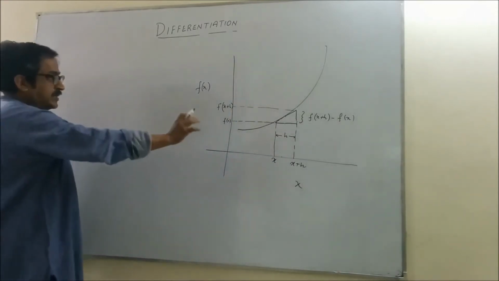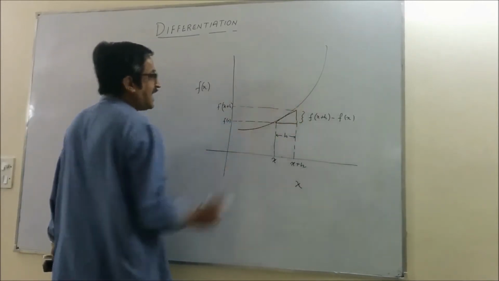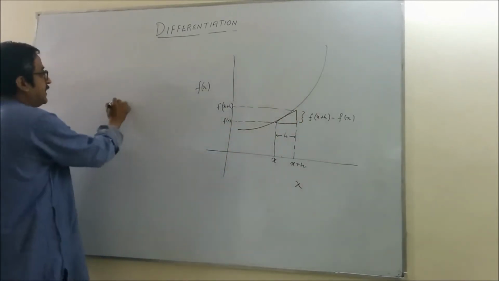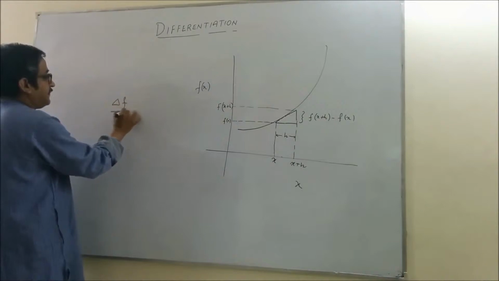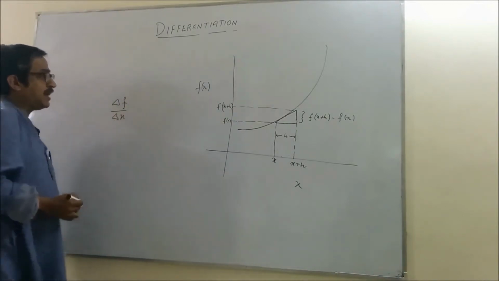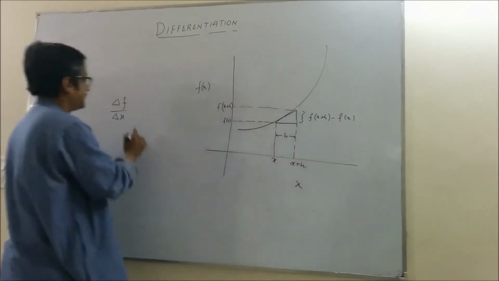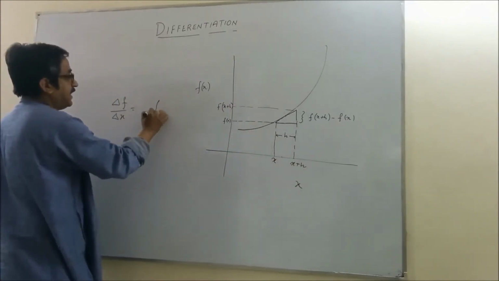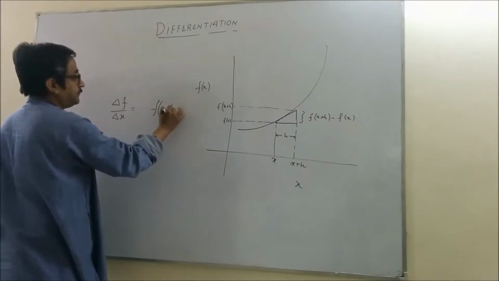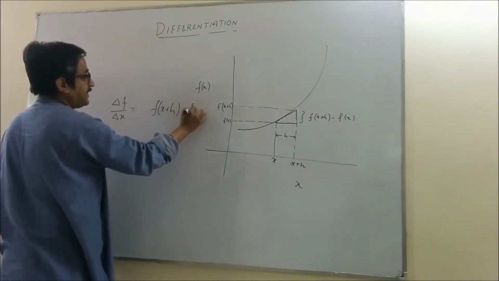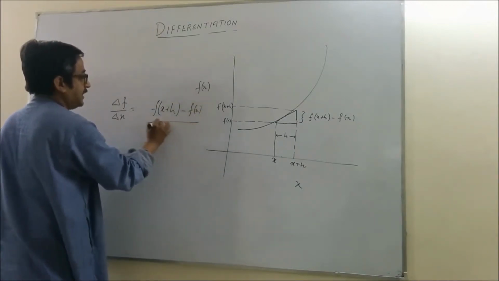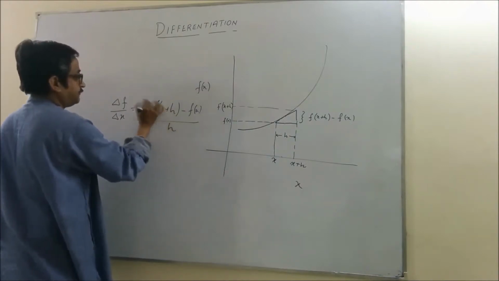So, what is the slope? Means the tangent. Delta f, delta x, that's what I will call the change in f over change in x. That's nothing else but f at x plus h minus f at x by h.